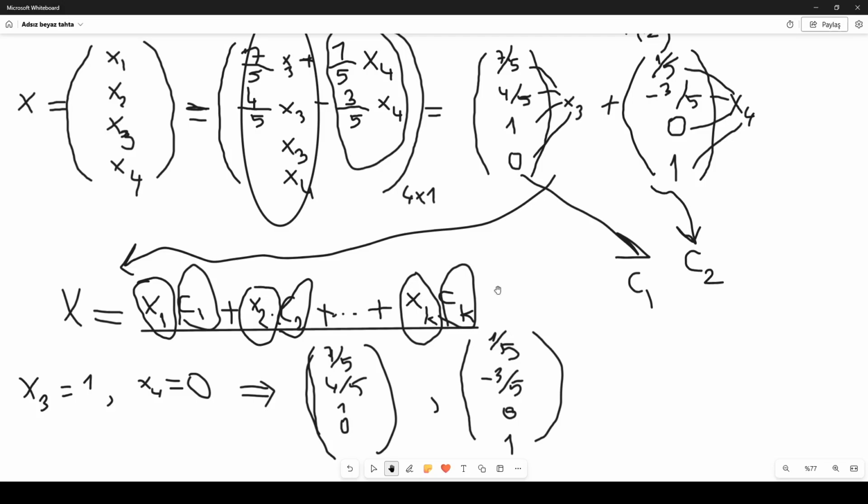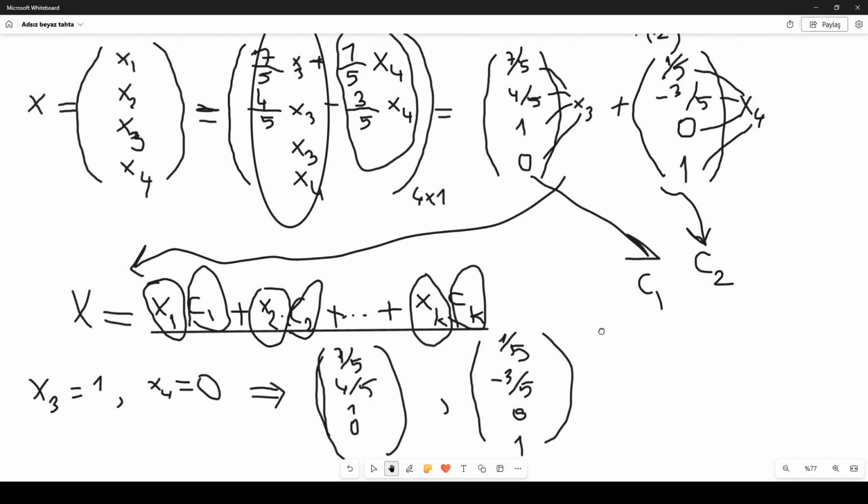In the end, I have a general solution form such as x1 times c1 and so on up to xk times ck, where the xi's are the free variables and the ci's are the particular solutions.